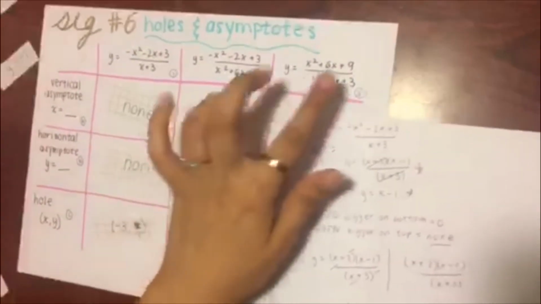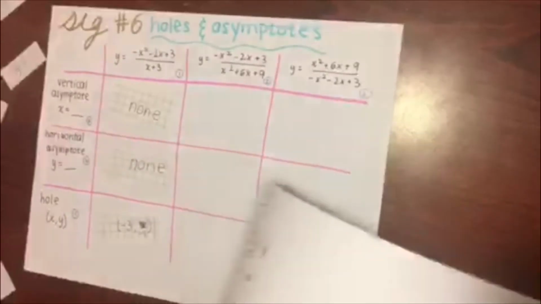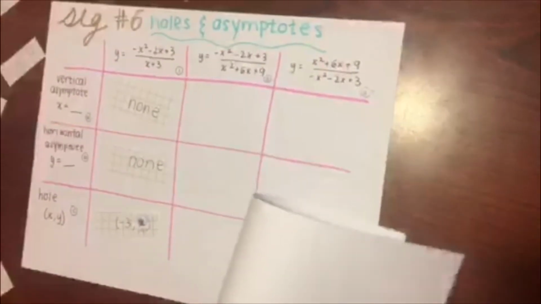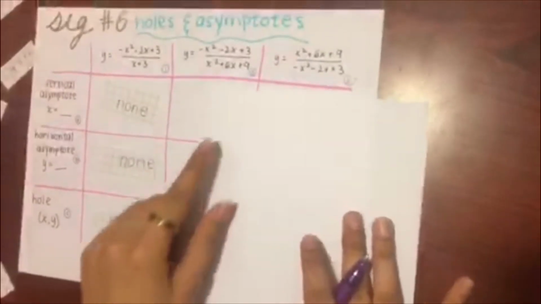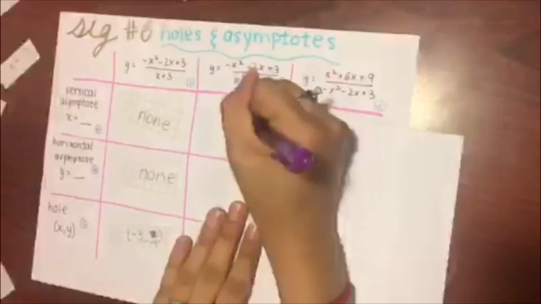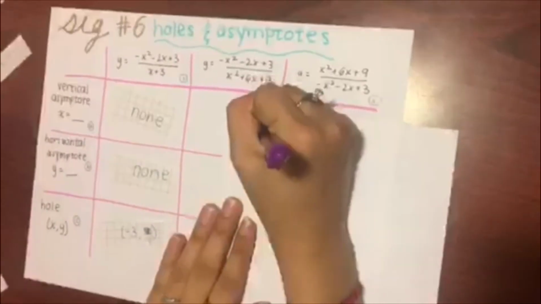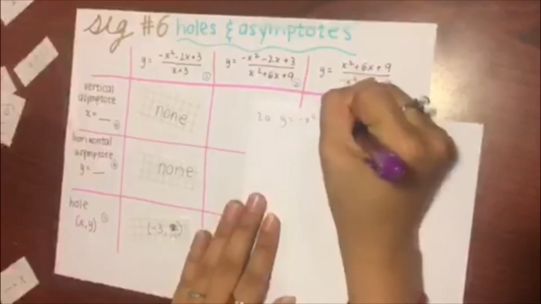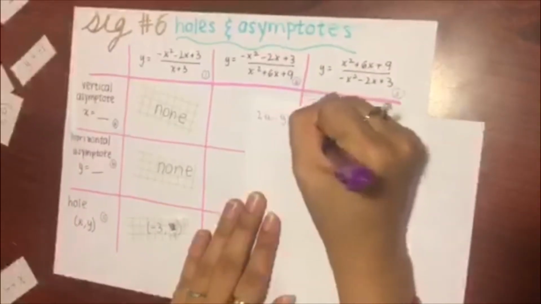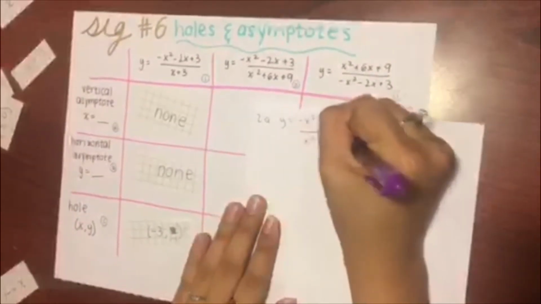So these next two equations I'm going to go through very quickly because I've already explained it all, but I'm still going to go through it. So again, for vertical asymptote, I'm going to rewrite the equation. y equals -x squared minus 2x plus 3 over x squared plus 6x plus 9.